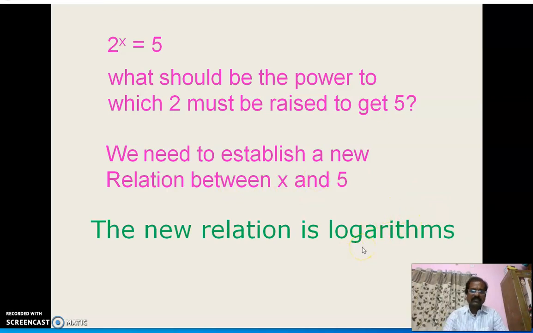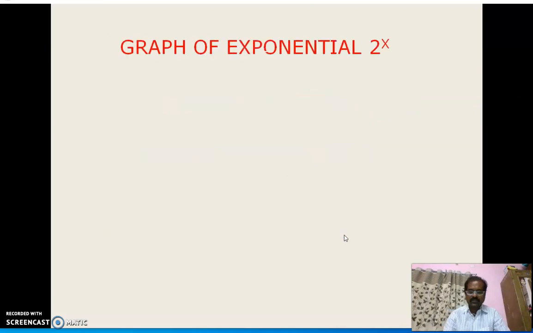Before introducing the logarithms, we can draw one graph, that is, the exponential graph of 2 to the power of x. For drawing the graph, we need the x axis and y axis, and x coordinates and y coordinates also. Here only x is there, that's why we take y is equal to 2 to the power of x.